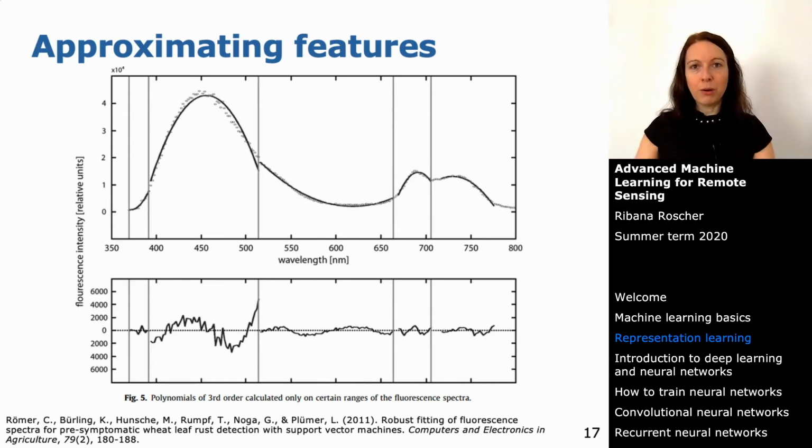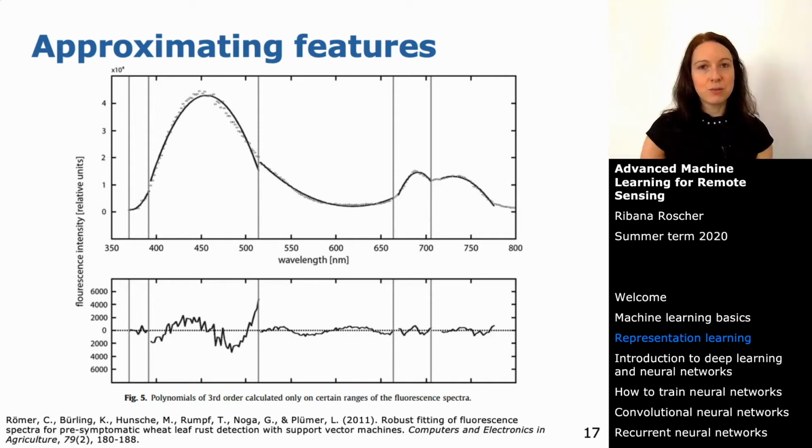So you think about parts of your signal which could be approximated by a very simple polynomial regression model. And then in each of these parts, you estimate your model, and then you store these coefficients. And if you concatenate all the coefficients of the models, you end up with a new data representation.